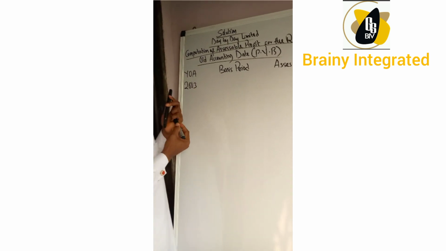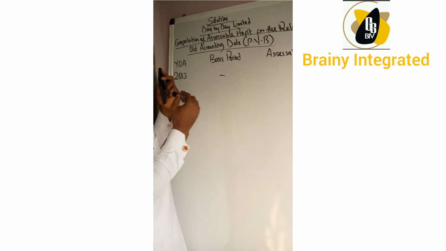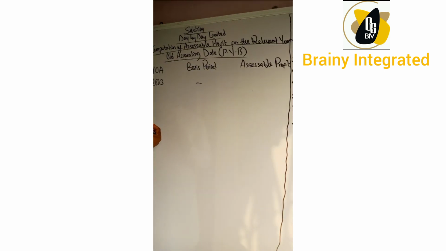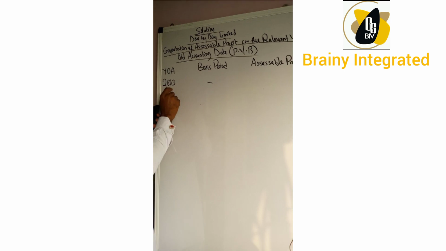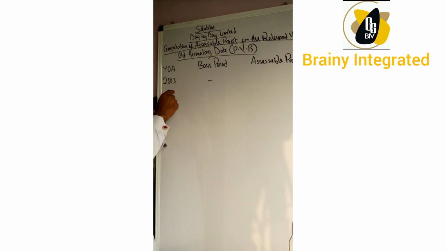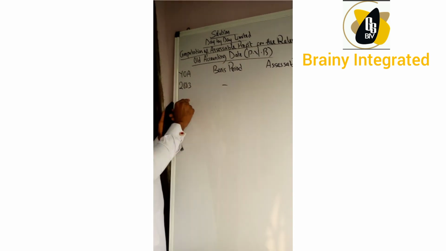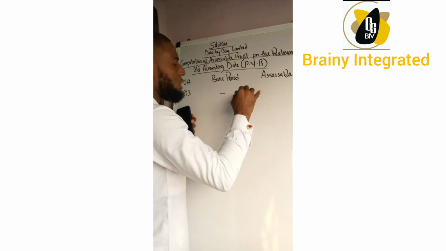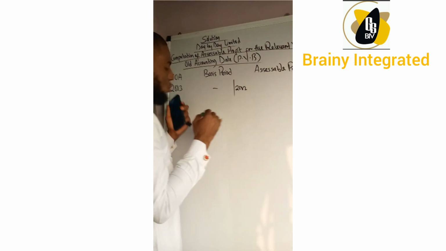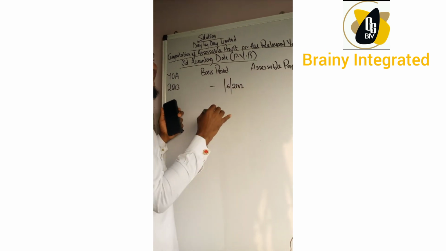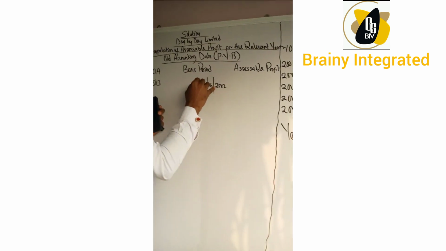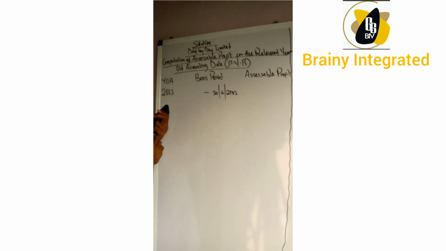All right, so now that we have known the first year of assessment, the next thing that we need to do is to say what is the preceding year of 2003. The preceding year is the year before 2003, and that is 2002. And what is the last accounting year end? That was June. All right, so that was 30th of June 2002.